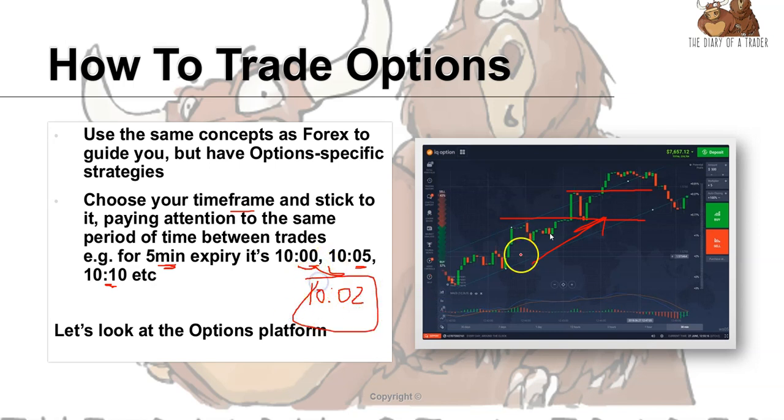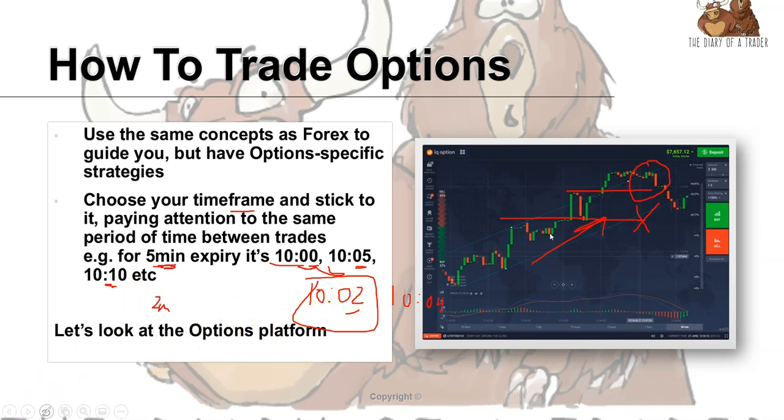That will skew your consistency, and also if you are using candlesticks, like in this case, you will not be able to have an accurate analysis. So stick to the same time period. If it was a 2-minute expiry, then of course it will be 10, then 10:02, then 10:04 as the starting points.